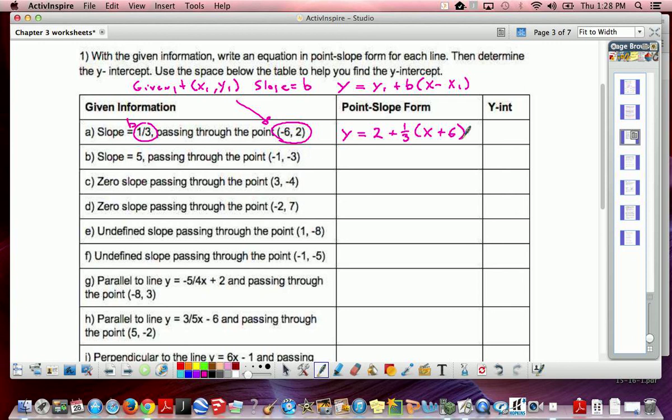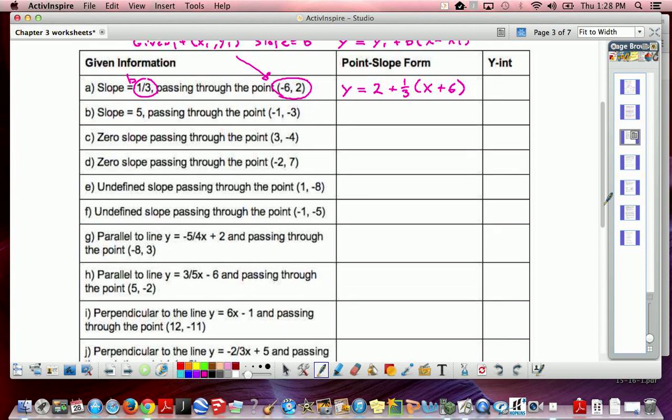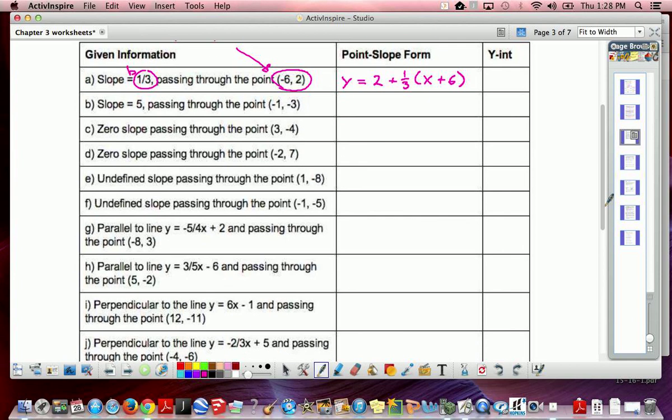Now, to get the y-intercept, that's going to take a little bit more work. What you actually have to do, and I'll do it right here up top, is distribute and put it into slope y-intercept form.